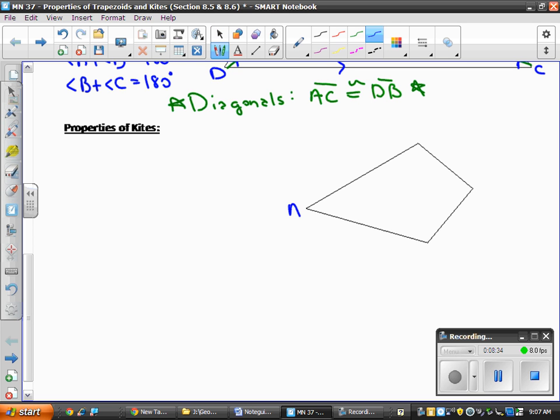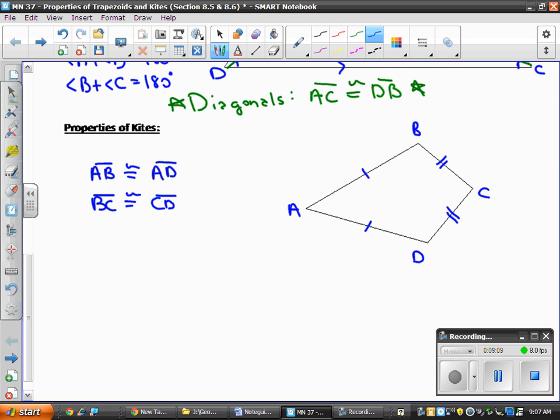I'm going to label it A, B, C, and D. If I asked you what you know about a kite, I would hope you would say that AB, just by looking at the picture, is congruent to AD, and that is in fact true. So this length is equal to that length. Also, BC is congruent to CD. And again, you probably could have figured that out intuitively.